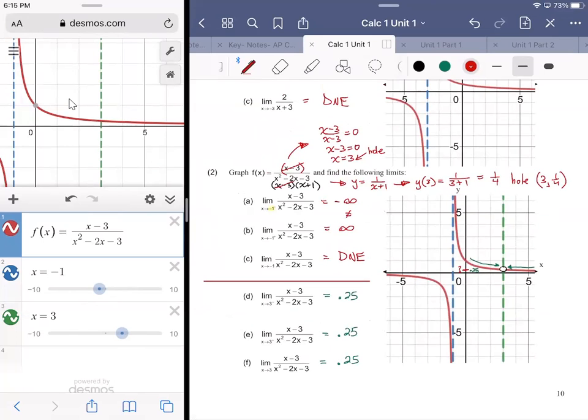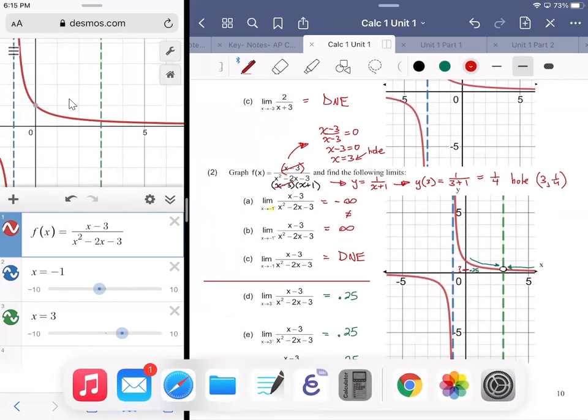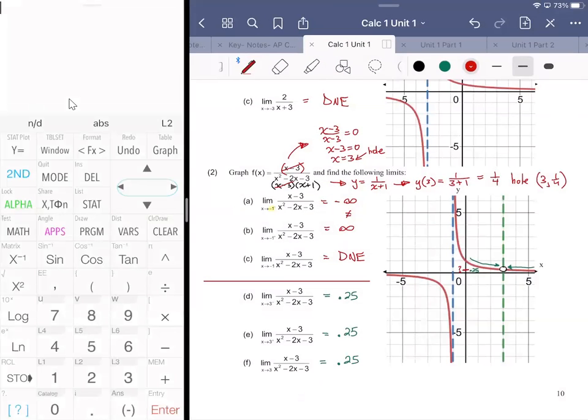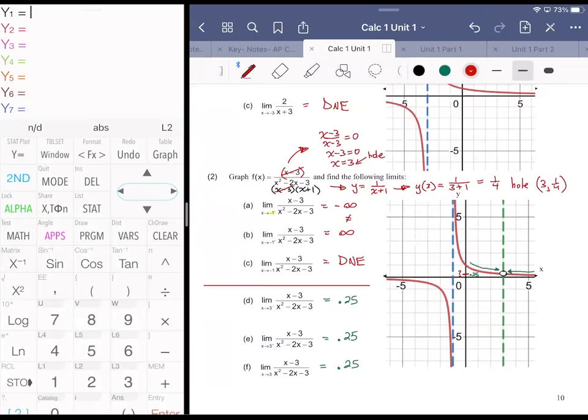All right. So let me take a second and show you this on the TI. So on the TI, the way I handle it is maybe not as straightforward as it could be, but it gets the job done, and it gets the job done well, and that's the important thing.